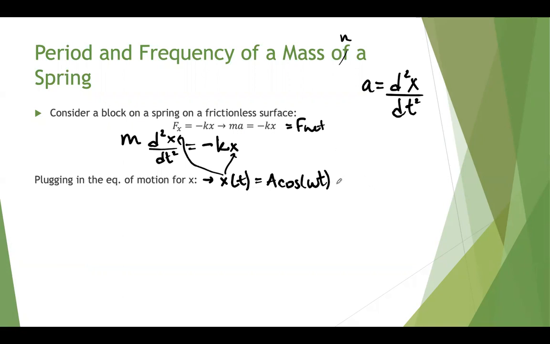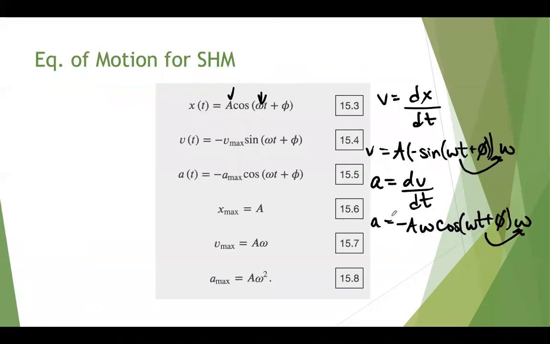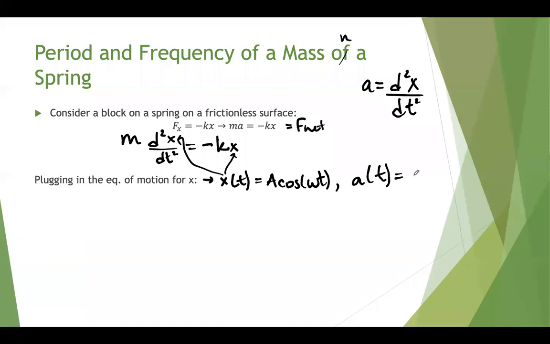Or we can remember also that a of t is equal to negative capital A omega squared cosine omega t. And I did forget the phase shift there. So this should be plus phi in there. Okay. This is a general case.